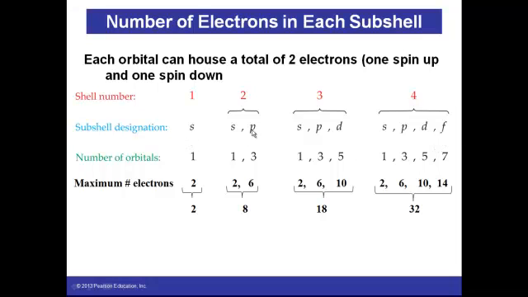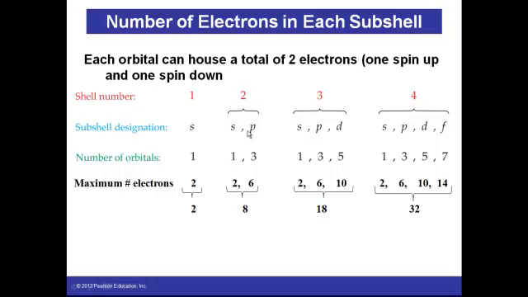And they keep getting bigger in size because each of these different apartment buildings can house a different number of apartments. That's going to be our number of orbitals present within each of these subshells. So the S subshell, again, is the smallest. It contains 1 orbital. Each orbital can then have a maximum of 2 electrons housed within it. The second shell is bigger because it's outside of that first shell, the second layer of the onion.